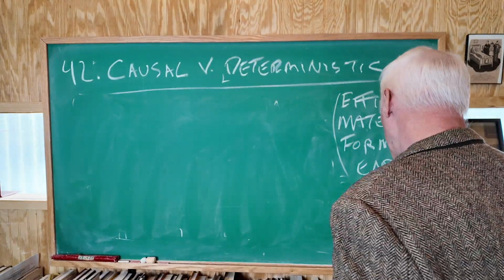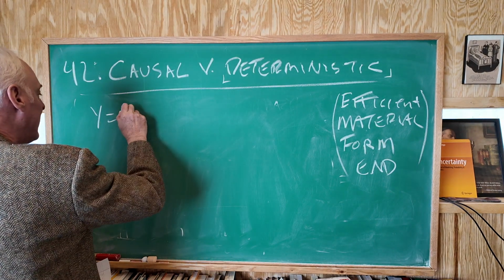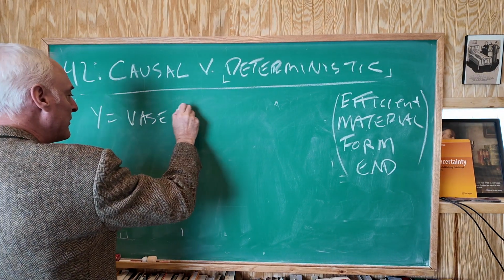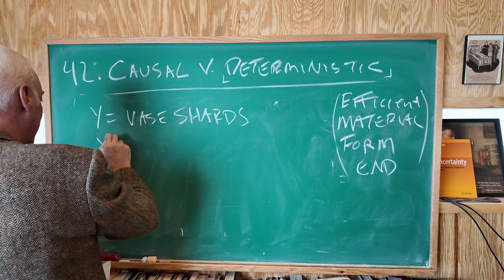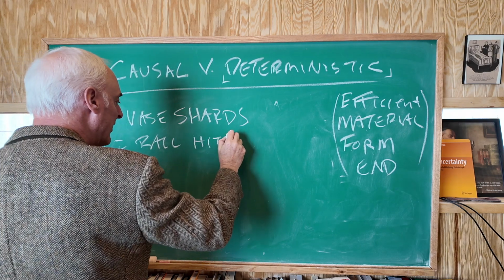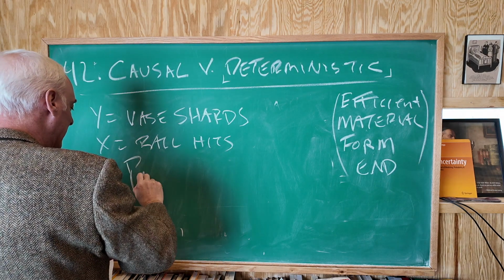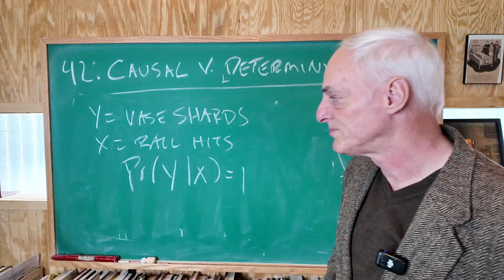All right, let's give more examples here. The difference between determine and cause. Last time we did y, we had a vase. So we have our vase now. And then we had x, ball hits. And so we have the probability that y is true, given x equals 1.